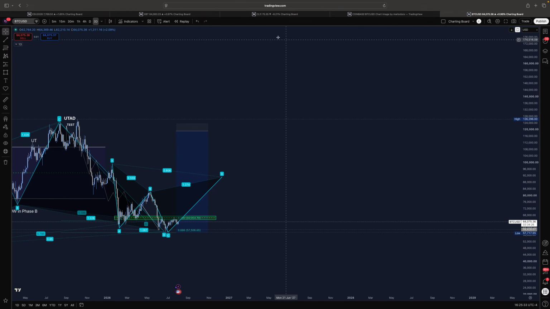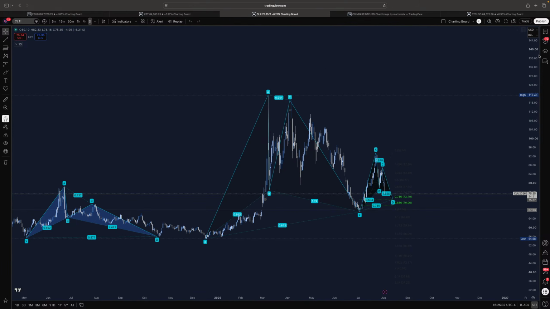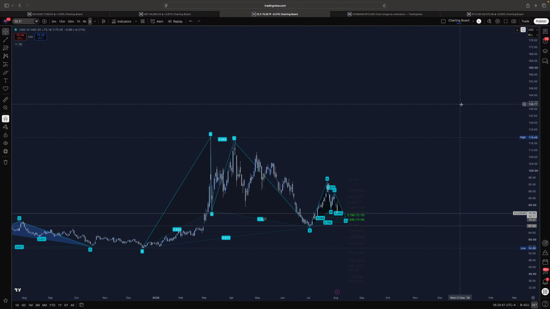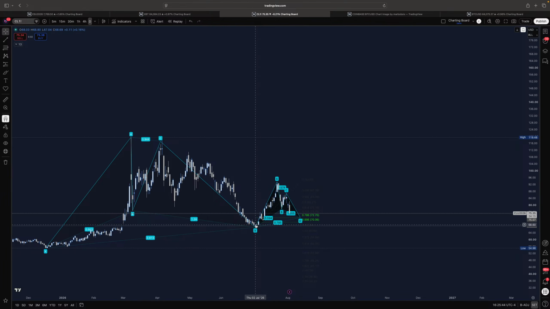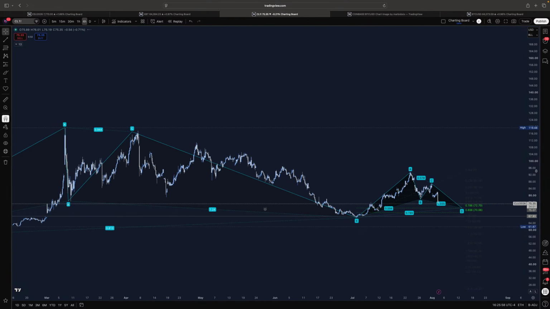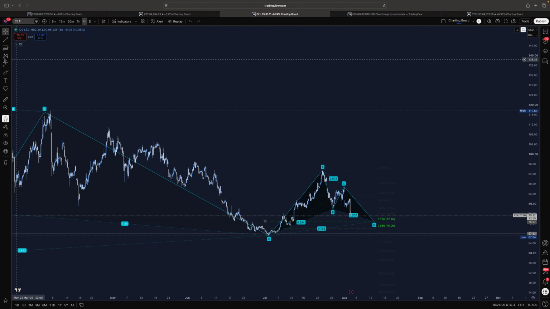Moving briefly back into oil, crude. This is also another important formation. Why? On the daily, we printed the Gartley pattern at the 0.786, 67 bucks, bounced majorly, nearly 40%, okay, 39%, rejected. Zooming into the 4-hour, are we now constructing the type 2 return?